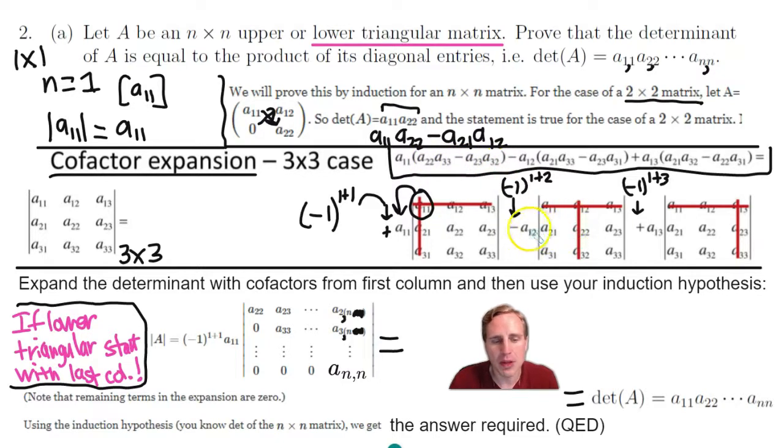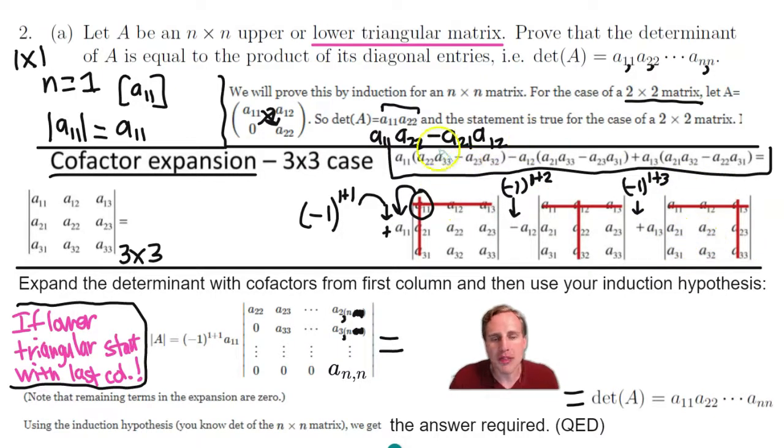The next cofactor is A12, but there's a minus here because it's -1 to the 1 plus 2 power, which is -1 to the third power, which is -1. -1 to any even power is +1, and -1 to any odd power is -1. So the next one will be positive. With the second cofactor, you cross out the top row and the middle column, and then we proceed to the third one as well.